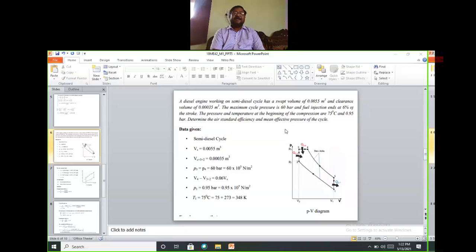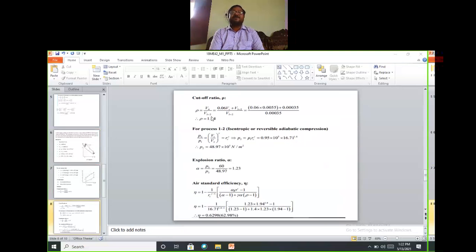Here, the values he has given, the conversion of Kelvin and the conversion of bar, everything I explained in the previous problem. Now cutoff ratio rho is V4 by V3, that is V4 by V2.